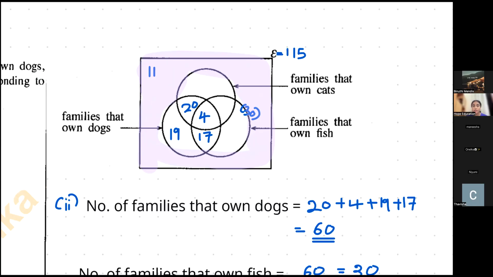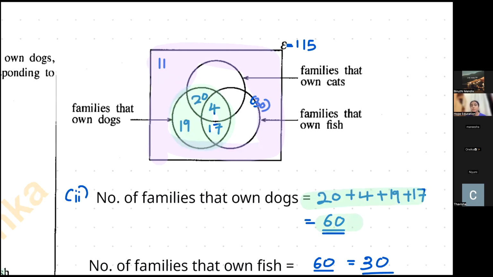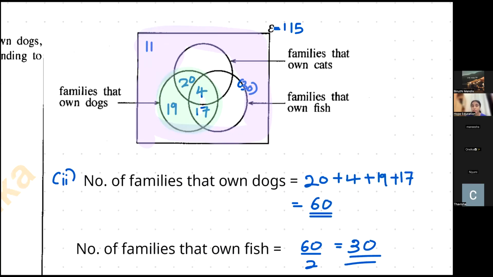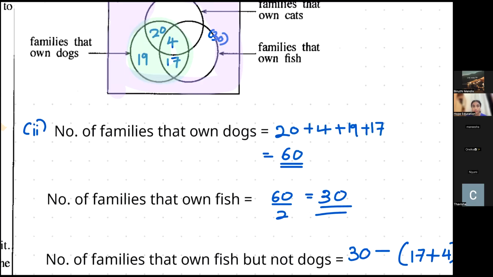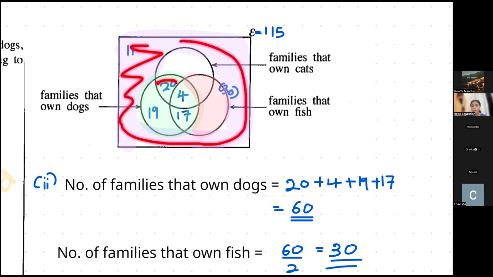Then we know that this entire circle is 60. අපි මේක ඔක්කොම add කරලා බලුවානේ 20 plus 4 plus 19 plus 17 that we get as 60. එහෙනම් 60ත් අපිට subtract කරන්න පුළුවන්. ඊළඟට fish ලාගේ circle එක 30, from that 30 අපි මේ 4 and 17 subtract කරාම අපිට ආවා මෙතන 9. That 9 also we can subtract. So මුළු 115 වලින් එළිය 11 subtract කරා, 60 subtract කරා, 9 subtract කරා. එතකොට ඔයාට මෙන්න මේ කොටසේ value එක එනවා.